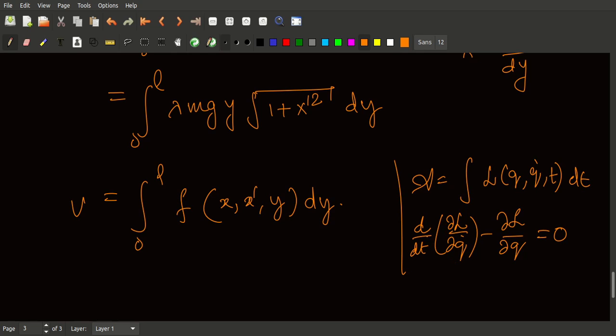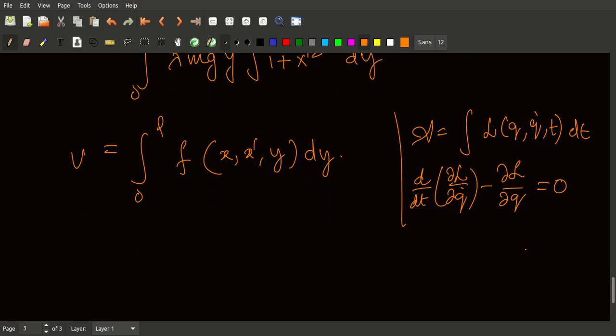So we defined that if we minimize this integral, we get the shortest path, the minimum action. If we take the same concept here, you see this f is a function of x, x dash and y. x is like q, x dash is like q dot, and y is like t.